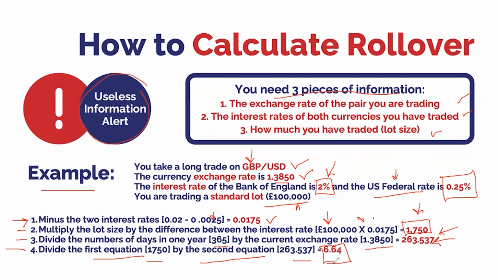And that would be the cost it would charge us to hold overnight. It would be 6.64%. Okay, so that's what we'd be charging. It's actually not, it's actually £6.64. I don't know why I said percent, forgive me. But that's it. So it would cost us £6.64 to hold that trade overnight.